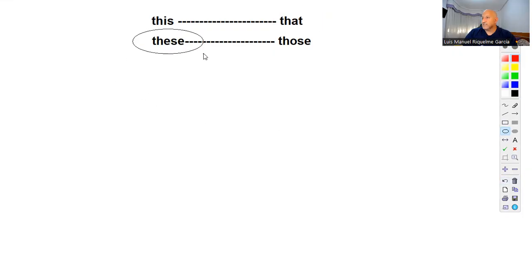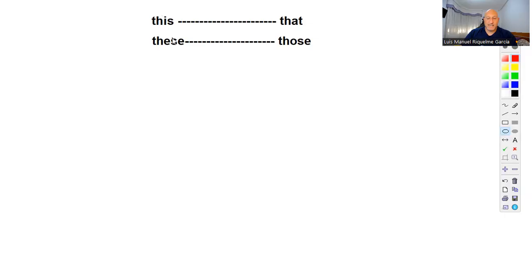And when you say these, you are talking about plural objects close to you. These pencils, they are very close to you. And if you say those, you are talking about several objects far from you. So basically in English, you have close and far, single and plural.